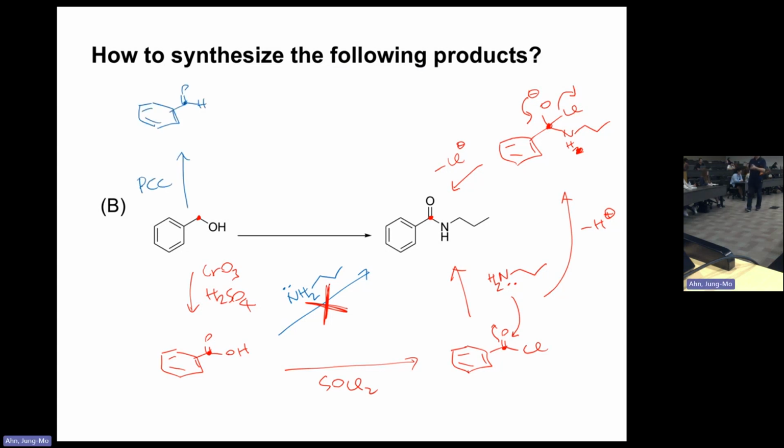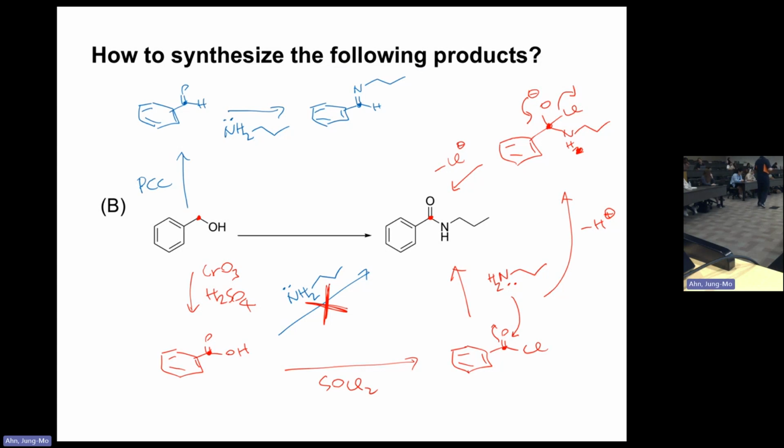Just want to show you the differences between the carboxylic acid derivatives and the ketones and aldehydes here. If you think that you may oxidize this primary alcohol with a PCC, then you will get an aldehyde there, right? If you react the aldehyde with an amine, that will make an imine, not an amide.